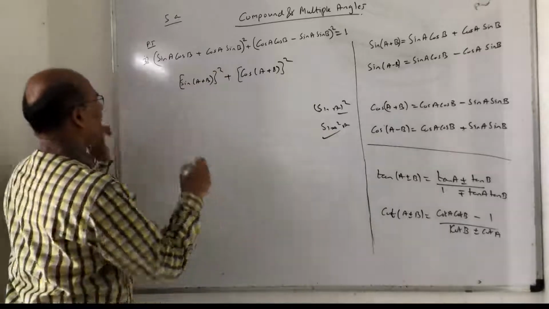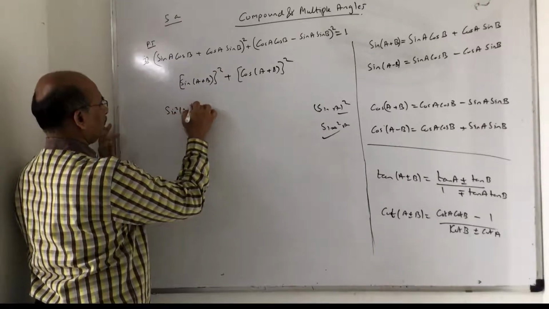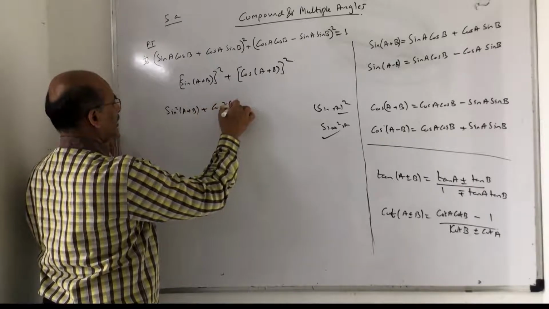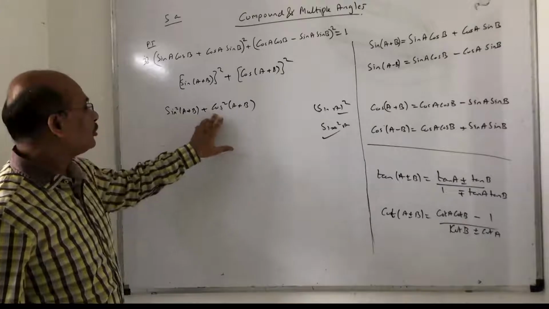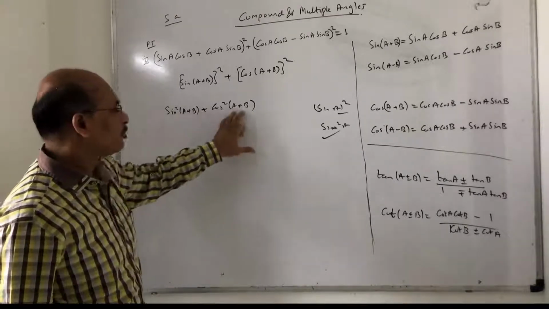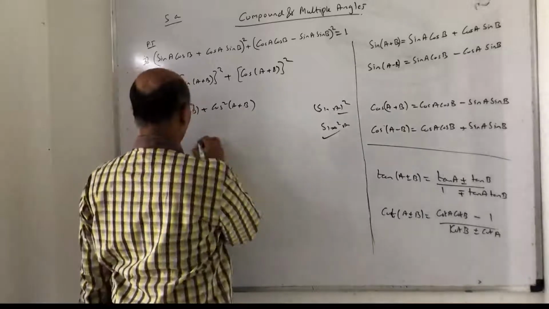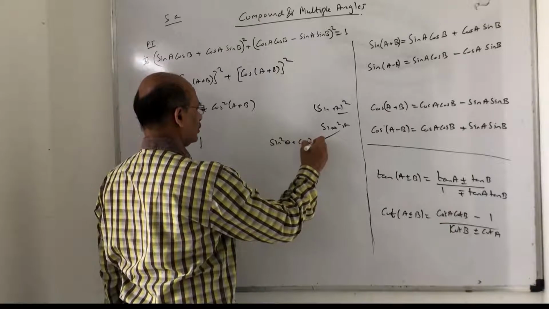So here I can write sin square A plus B plus cos square A plus B, right? So what is sin square theta plus cos square theta? In 10th standard you have studied. Sin square theta plus cos square theta is 1. So you can say 1.